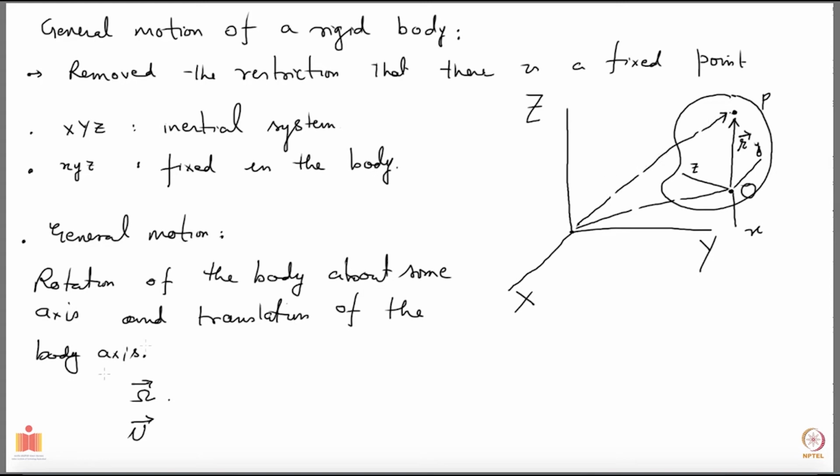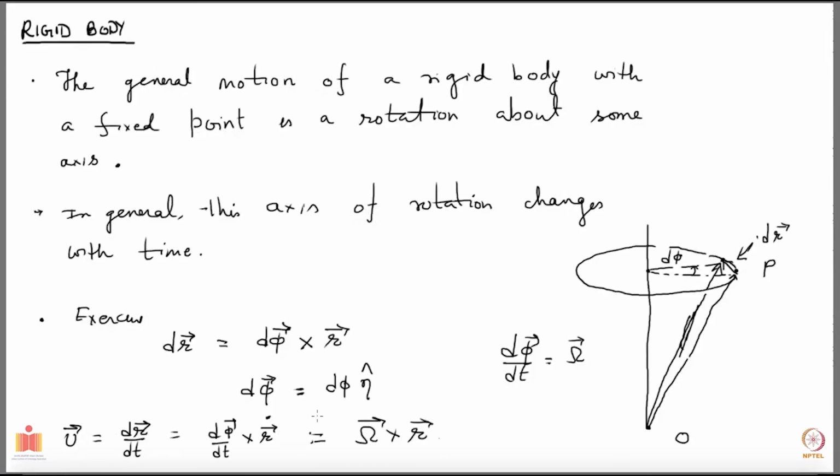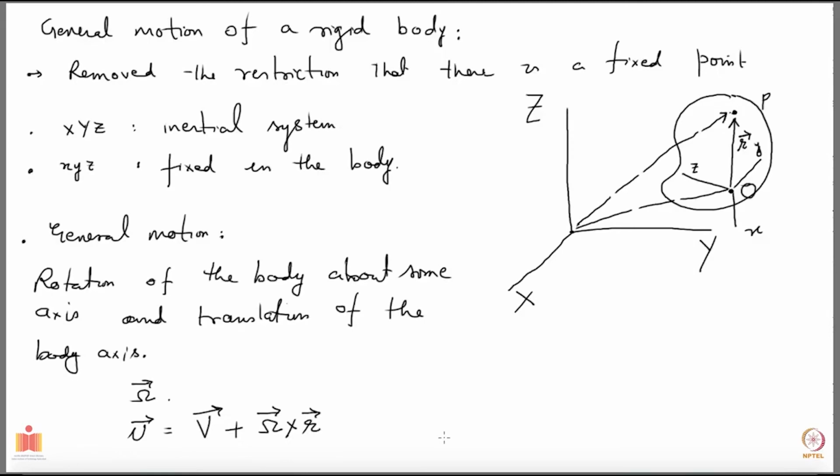Which gives you the velocity v, which will be given by the velocity of the origin, which I call capital V, plus the rotation of this entire system, which I have said has an angular velocity omega, and then as I saw a minute ago, it has to be crossed with r. So that's what the velocity of any point P would be in this system.